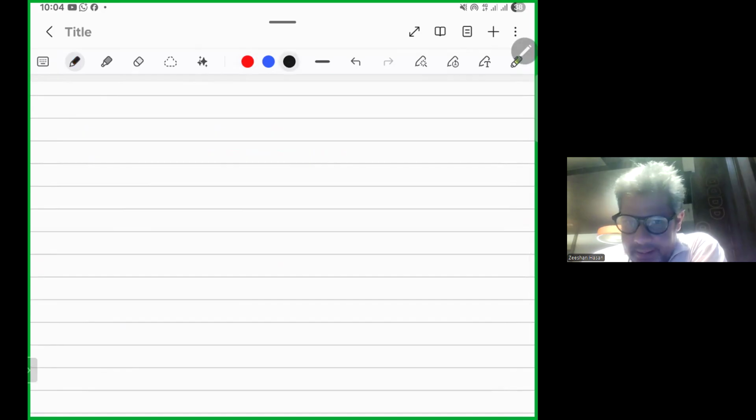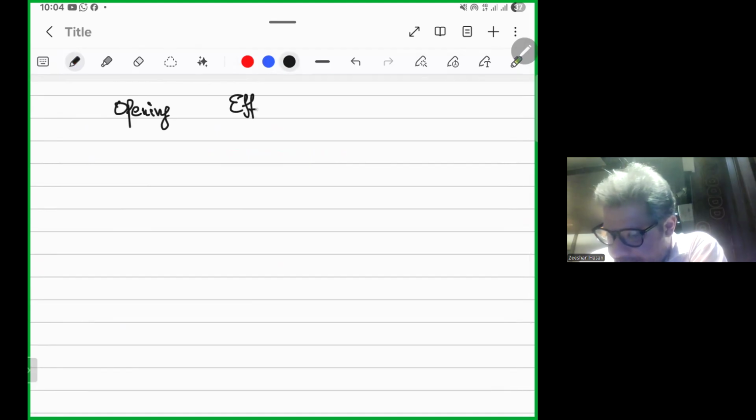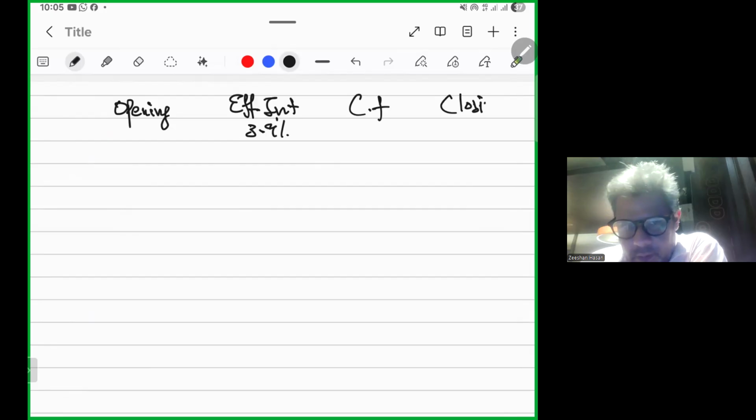So now my table is opening: opening, effective interest, which is given in the question, that is 3.9%, the cash flow and closing. And this is for 31st December 2006.